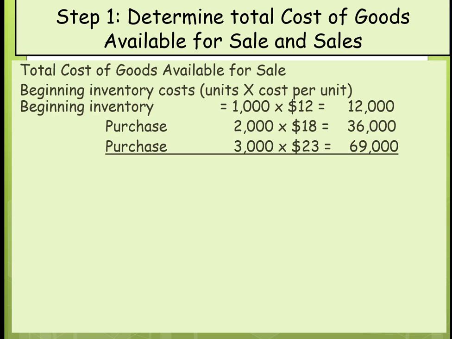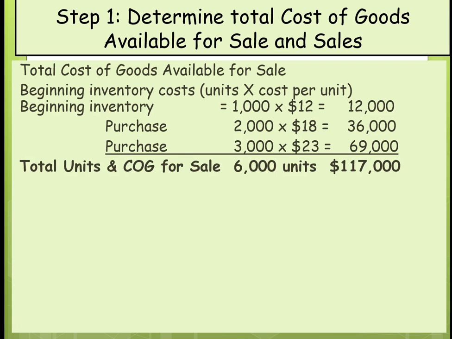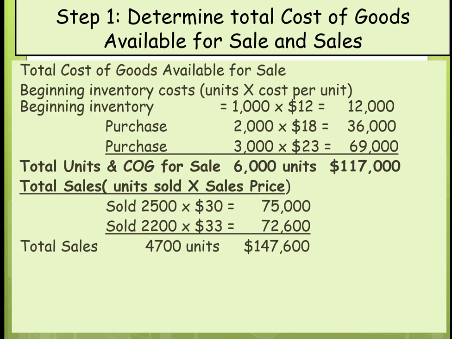First of all, what you want to do is figure out the total cost of goods available for sale. That's $117,000, and you had 6,000 units available. Next, you want to figure out your total sales price, which is 4,700 units times the prices, for $147,600.